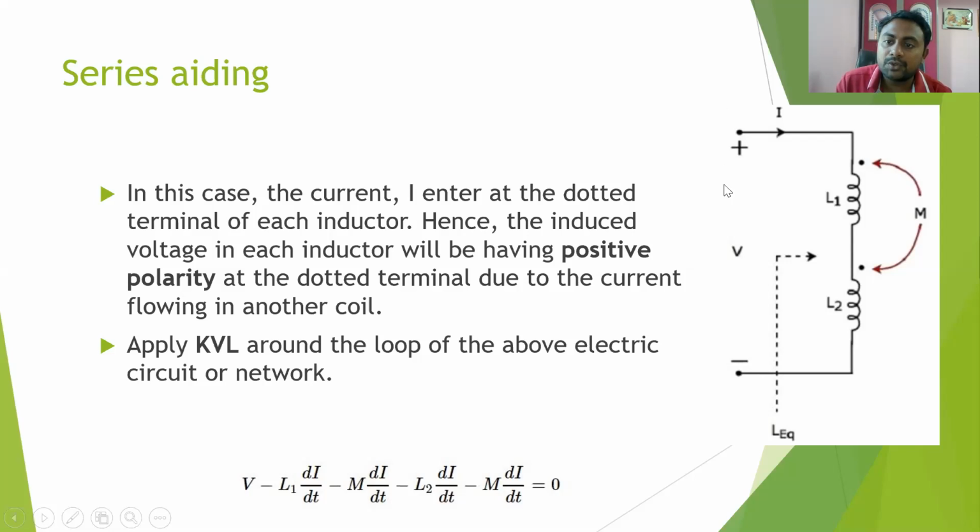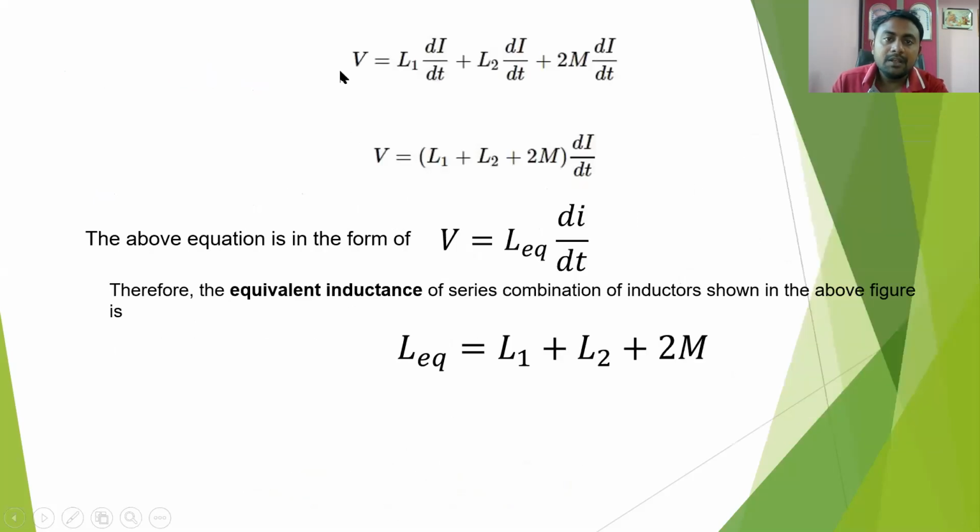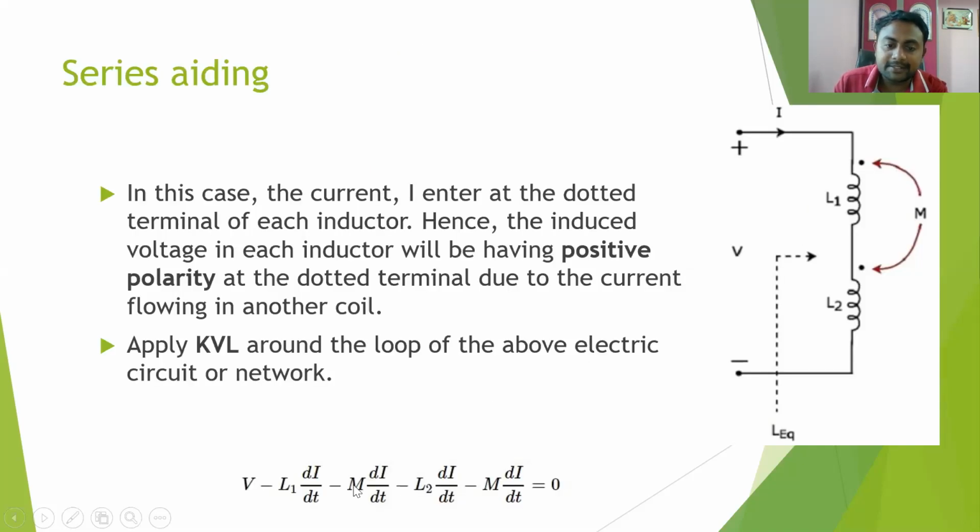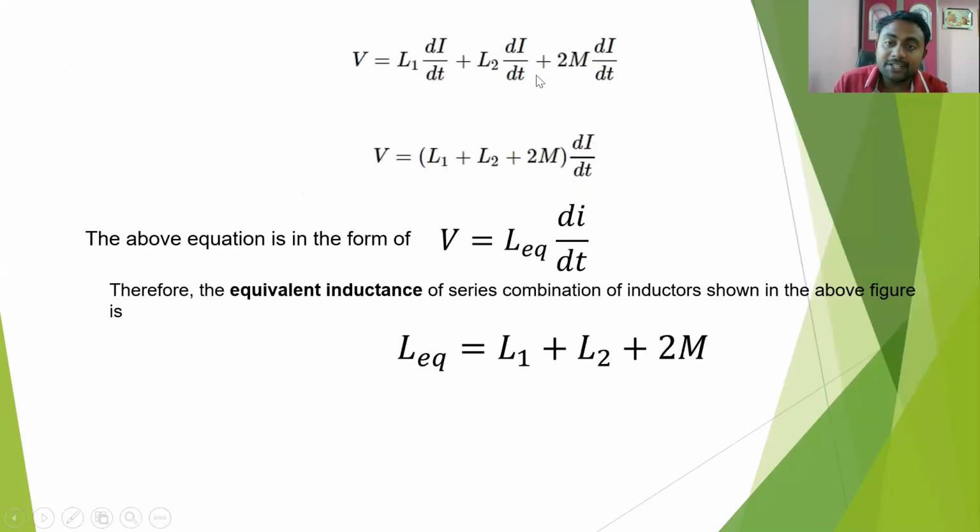From negative to positive, the voltage is V, so I am writing positive V. This is my KVL equation. Next, from that, V equals minus M di by dt minus M di by dt, which gives minus 2M di by dt.